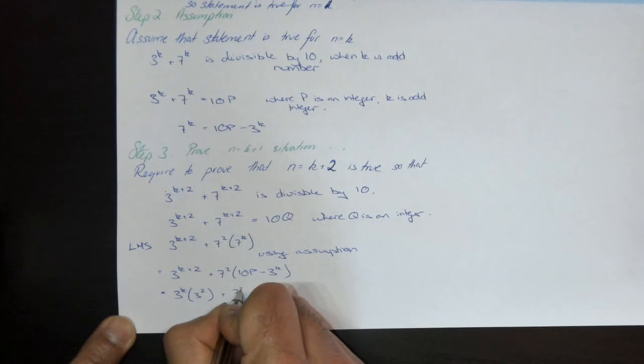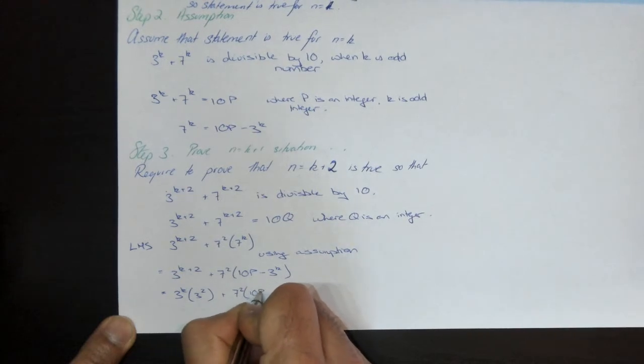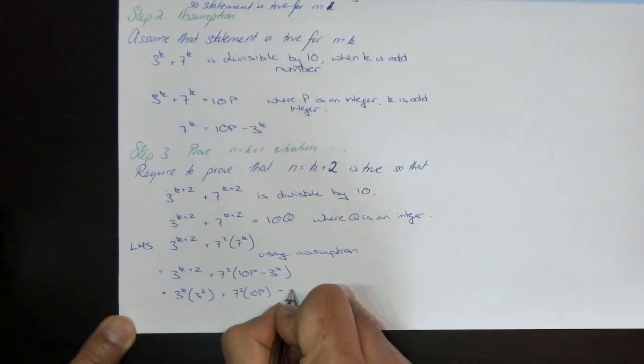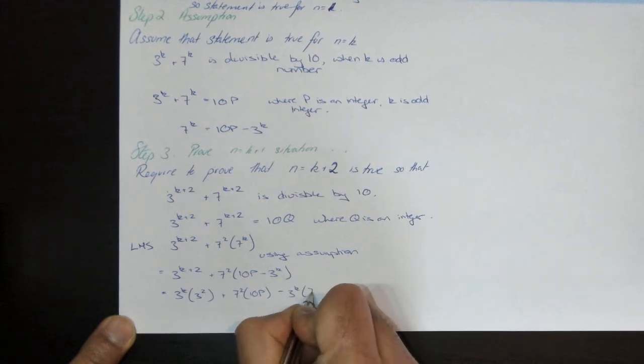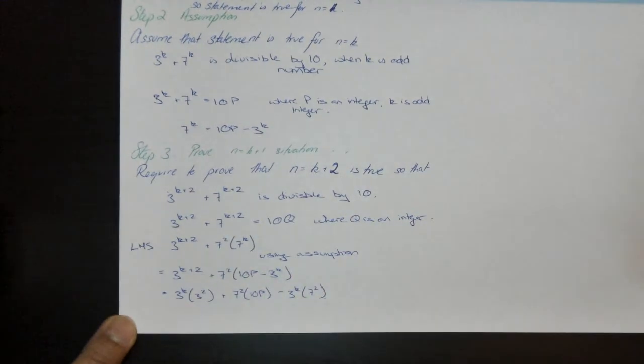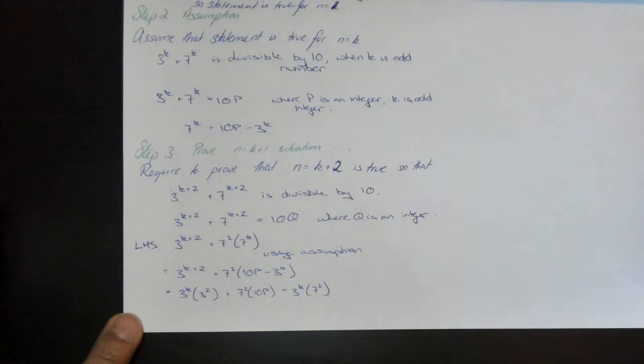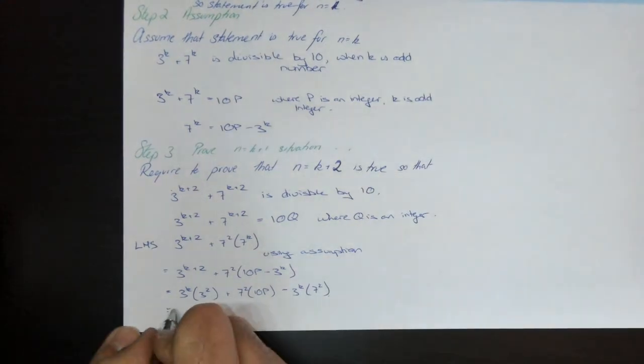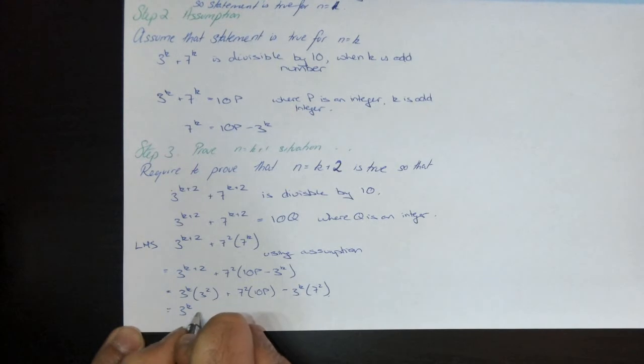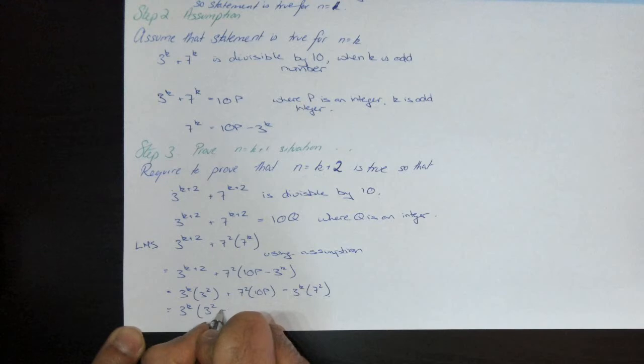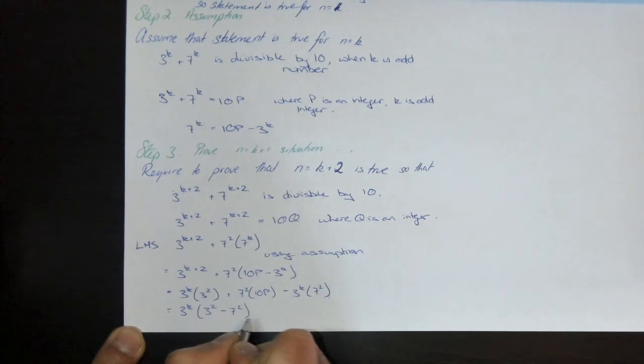I'll leave that as 7 squared times 10p minus, if I'm going to collect the 3 to the power of k, we get 3 squared minus 7 squared.